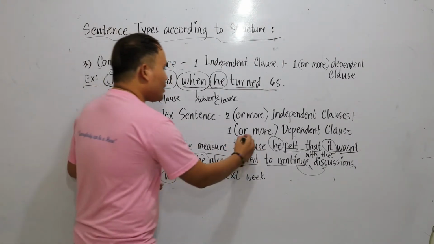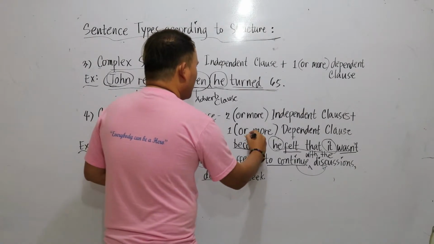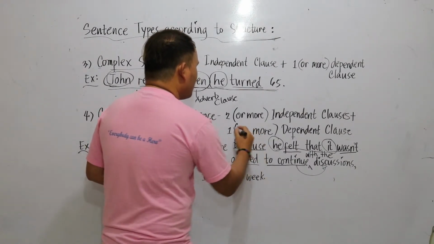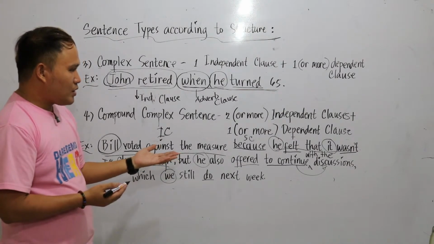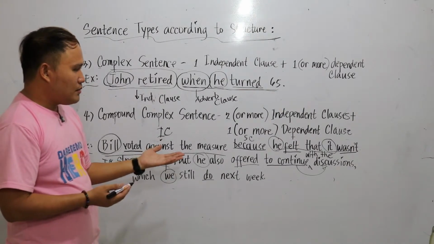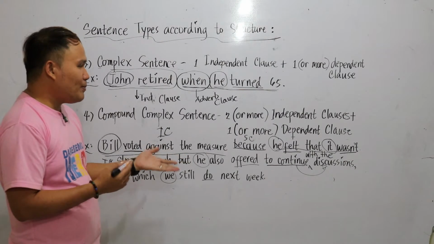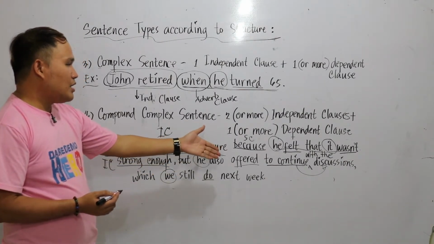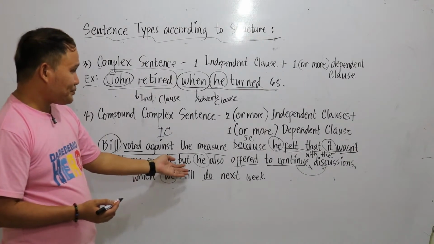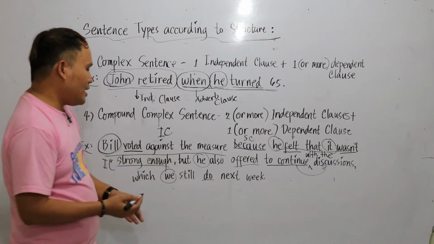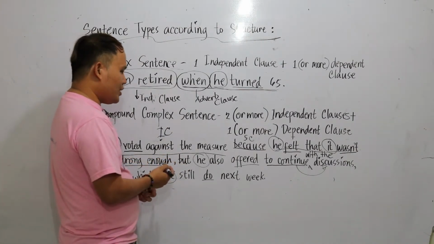So this is our subordinating conjunction, a type of conjunction, okay, a compound conjunction. So because he felt that it wasn't strong enough. Another we have, but he also offered to continue with the discussions.